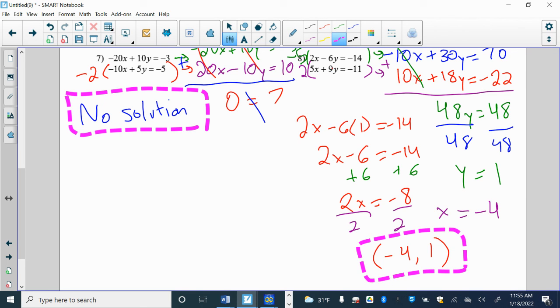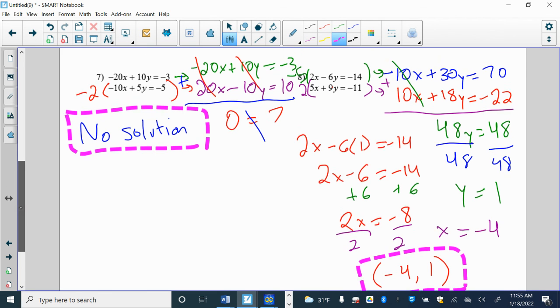So to summarize, today we reviewed substitution and elimination method for solving linear systems of equations. When to use which method? We use substitution when one of our equations is already in x equals or y equals form. We use elimination when our variables are aligned in columns, and it would be difficult to solve for x or y.